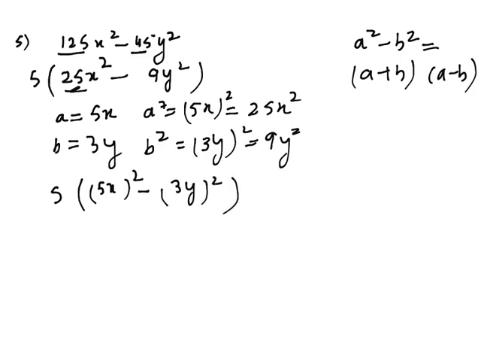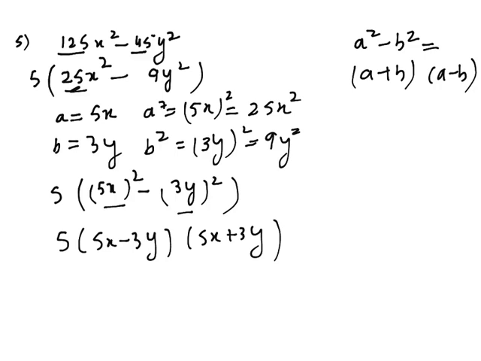As we can see over here, we replace the value of a and b. So these two terms we can write it like (5x minus 3y) and (5x plus 3y). And this 5 will be in multiplication with both these terms.